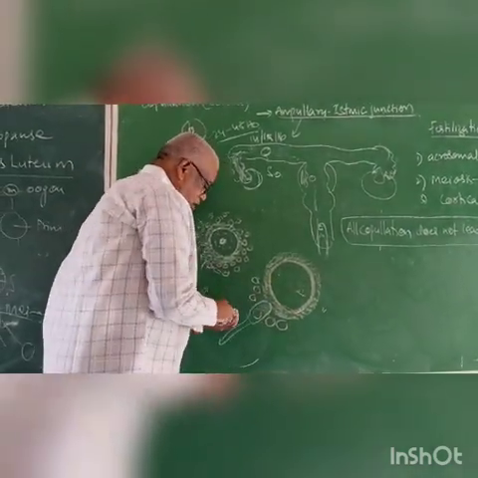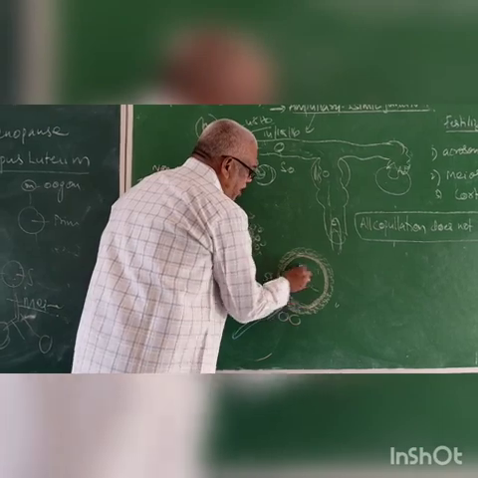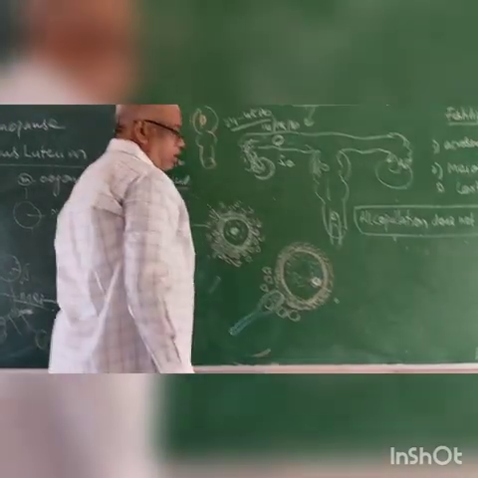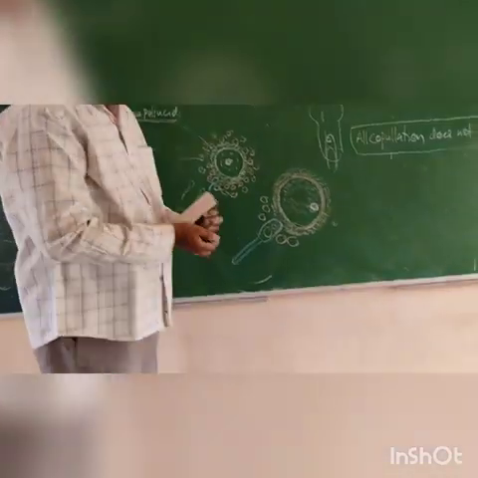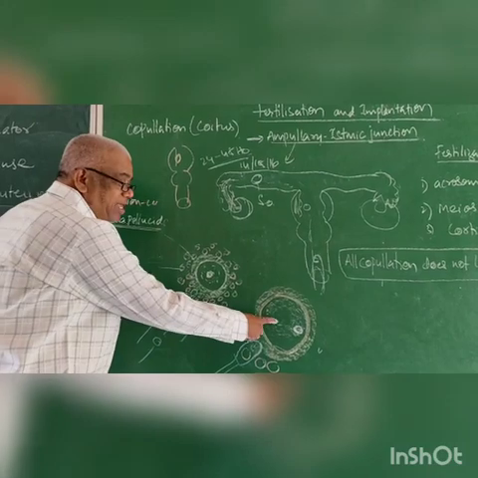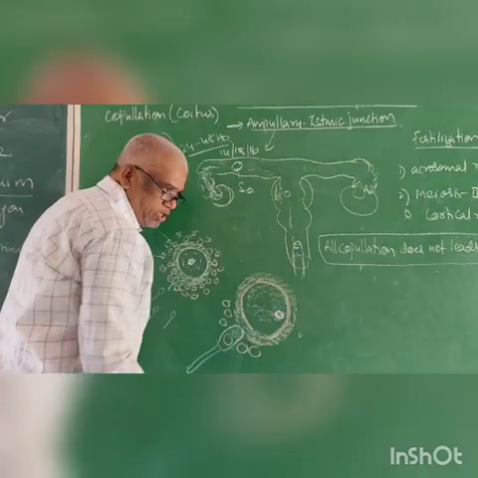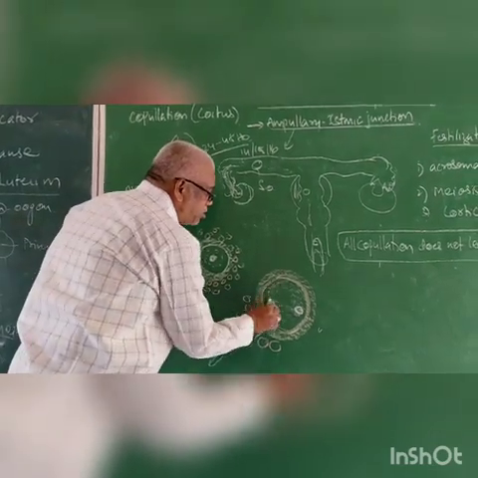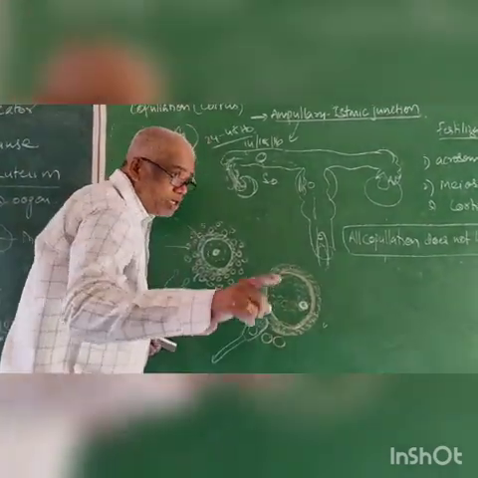Now this is the egg. This is the cytoplasm, and this is the nucleus. Meiosis 2 is completed. Now be careful.